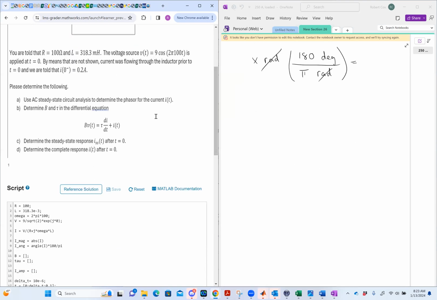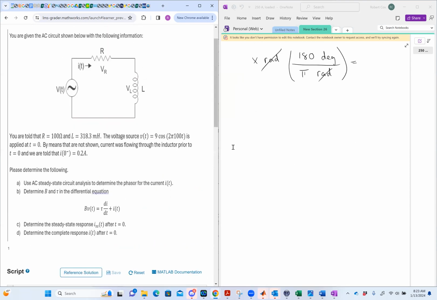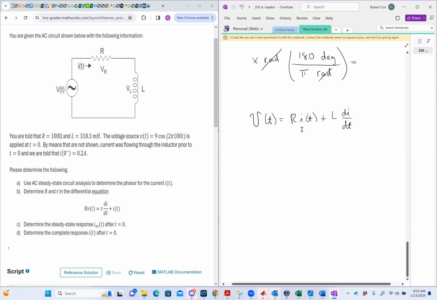All right, so if I look at the circuit, we talked about this in class. If I just do KVL, I'll see that V of t equals R times I of t plus L di by dt. This is not quite in the right form, because the equation I gave in the problem has a coefficient of 1 on the I of t term.